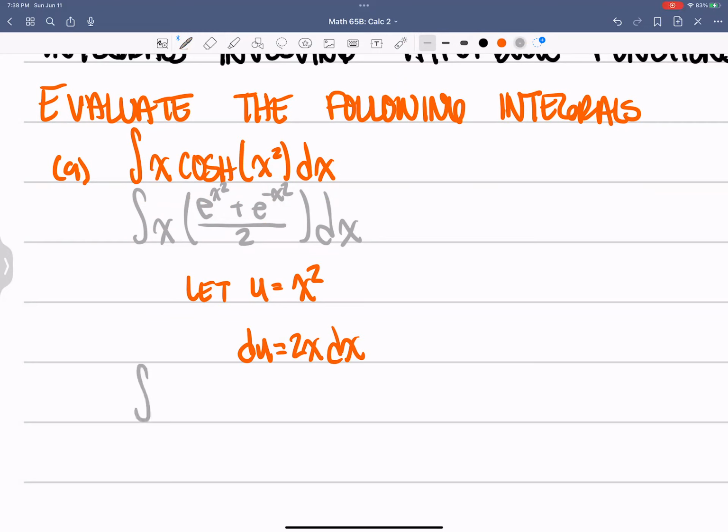Let's factor out that 1 over 2. du is equal to 2x dx, but all we have is x dx, so let's divide both sides by 2. That's going to be an extra 1 over 2. And now we have e to the u plus e to the negative u du.